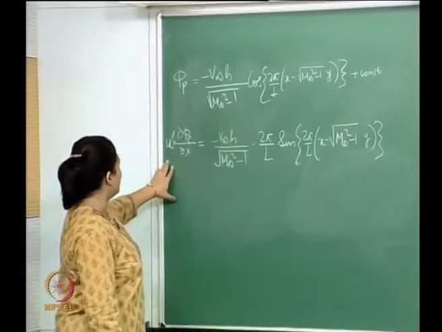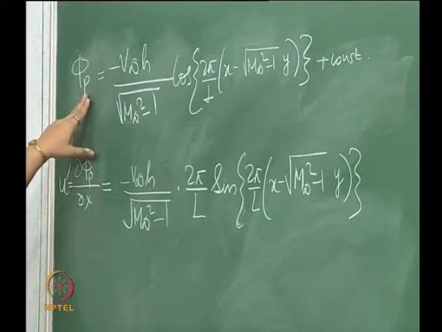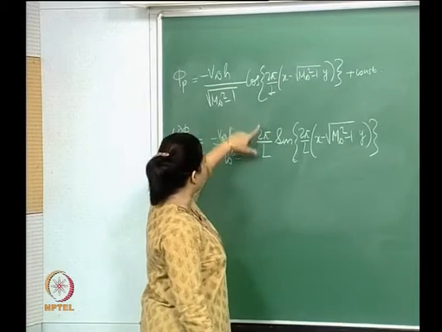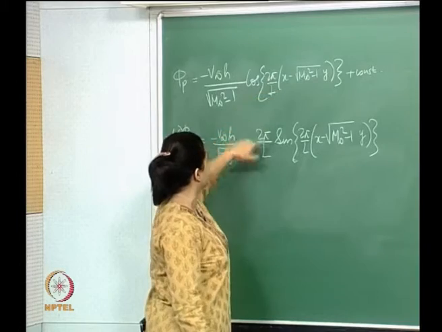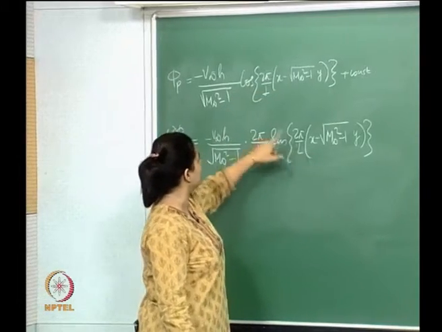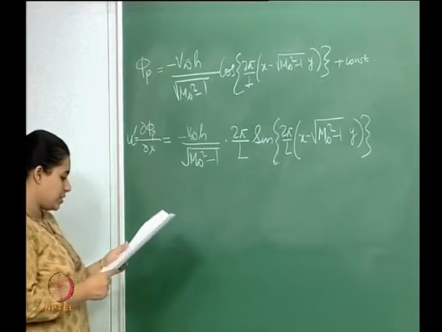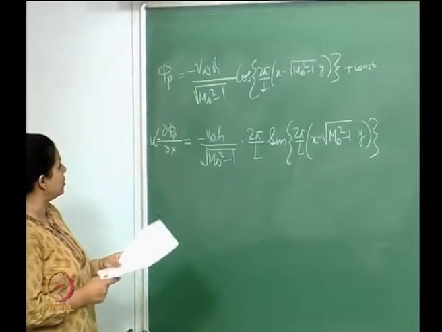If I'm just taking derivatives of phi p with x, what we get out here is this: 2 pi by L comes from here, and the derivative of cos is sine, so this is what we get. So this is our u dash.